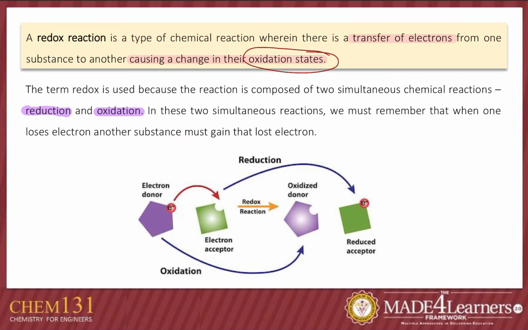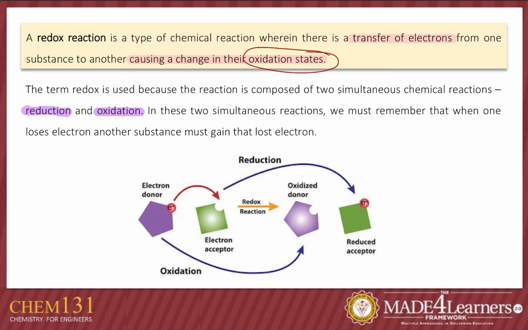So, for example, here in the figure, we have a pentagon and a square. So, the pentagon contains an electron. And the square does not have an electron. Pentagon gives its electron to the square. And after the reaction, the pentagon is now the one without an electron, and the square is now the one with an electron.